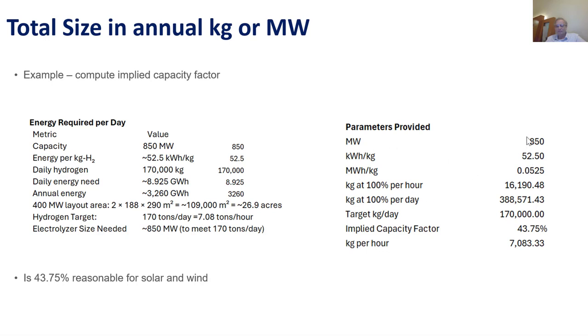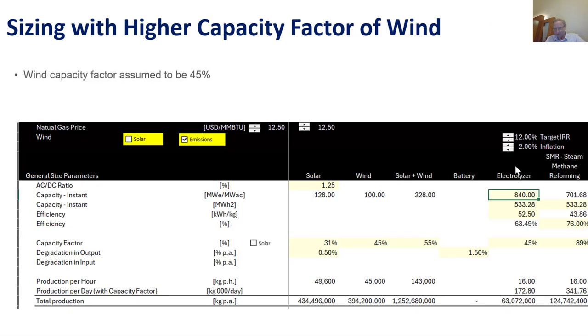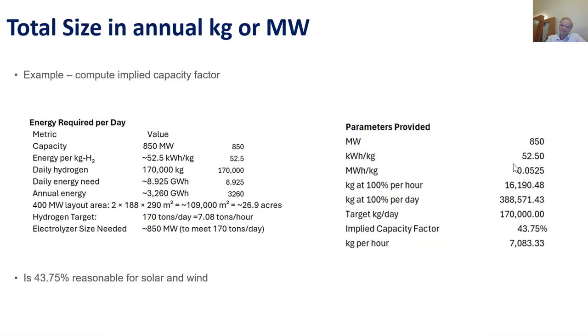We need more megawatts than kilowatts. And this is megawatts, not kilowatts. So we get 8,000 for kilowatts. We get this much hydrogen every hour if it's operating at 100%.